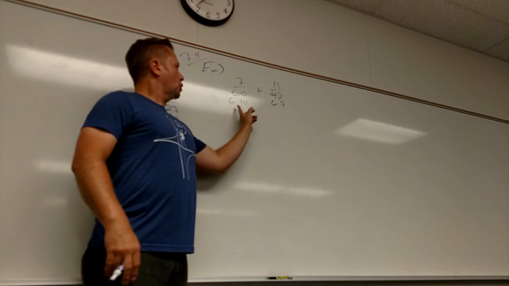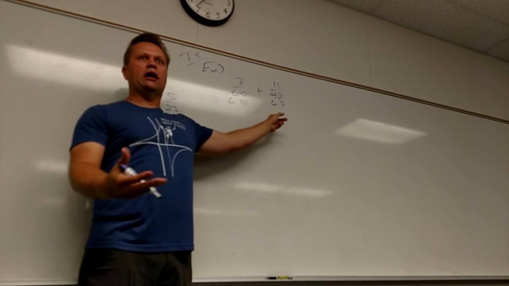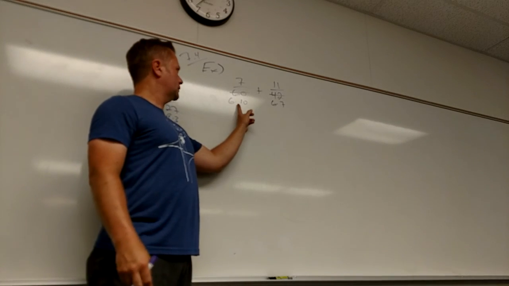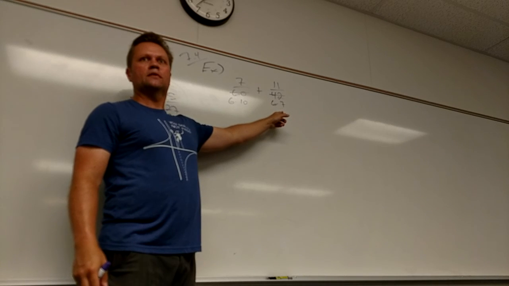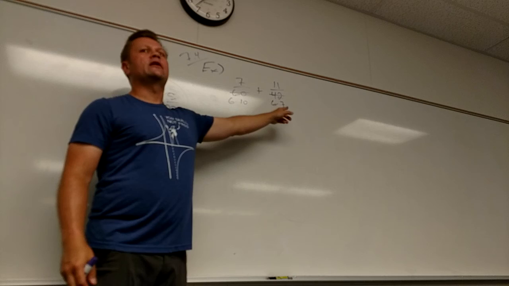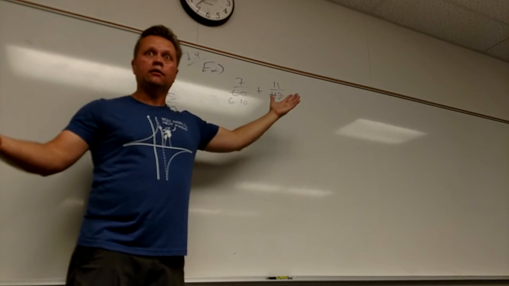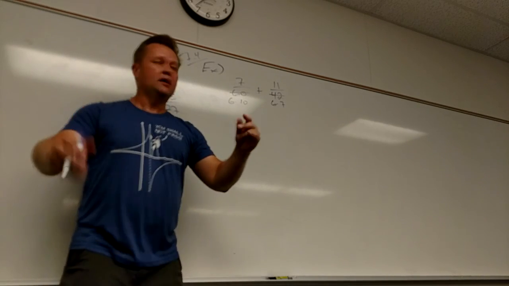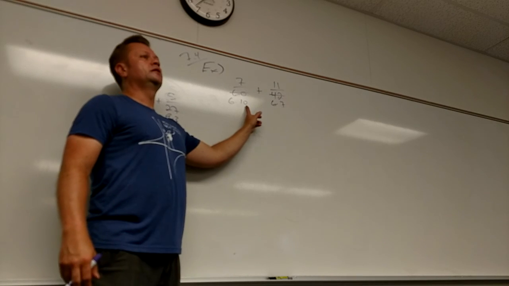Can you see? They both already have ice cream. They both already have a 6, right? But what's he missing that he's got? 7. Right? Can you just see it? And what's he missing that he's got? 10.